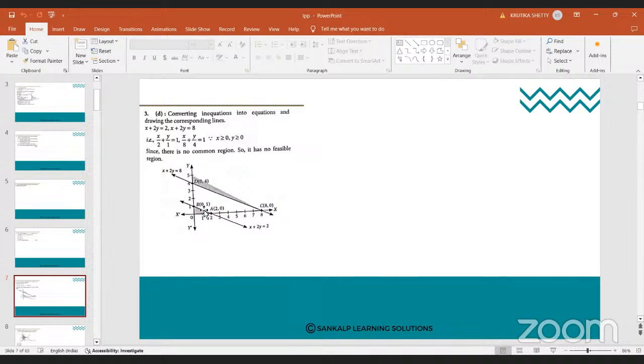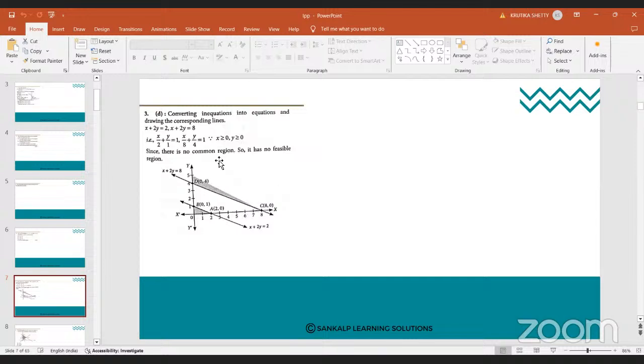So both the lines we have plotted, and then you can see the solution region. Since they are less than or equal to, it will be true, so the region will always be away from the origin, to the side. You can see there is a solution region on ODC, as well as some solution region on the other side.